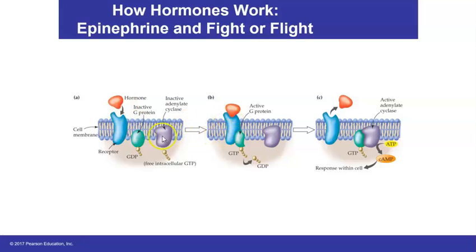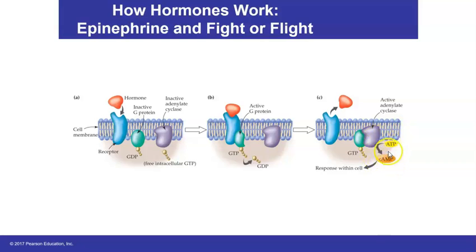Once bound, it recruits and has a higher affinity for this GDP compound. So it becomes active, it binds, and then this GDP compound becomes active and it binds to ATP. So this is the active GTP enzyme. And then once this has become activated, it will bind to the adenylate cyclase compound that will activate the formation of ATP to cyclic AMP.